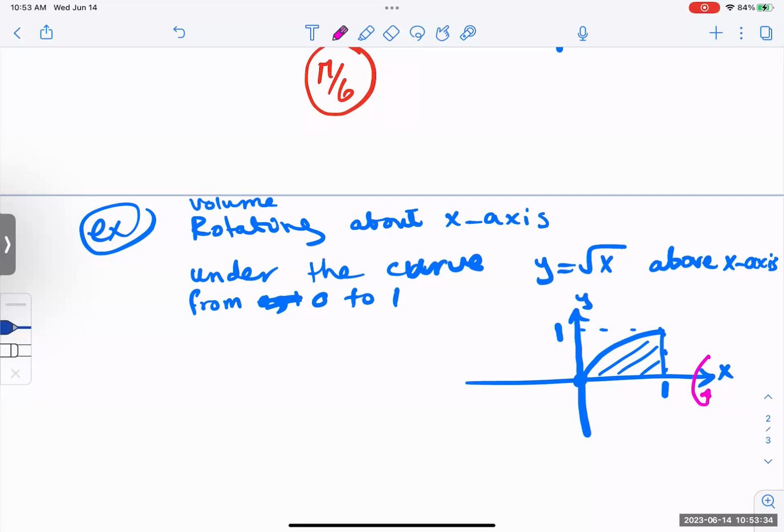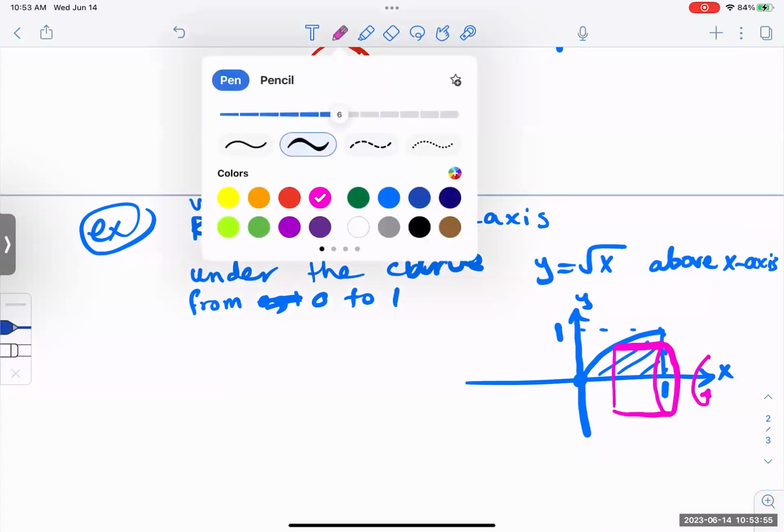So you need to build cylinders this time that are rotating this way. So you have the thickness of the graph this way, rotating along the x-axis. So now let's set up the integral.